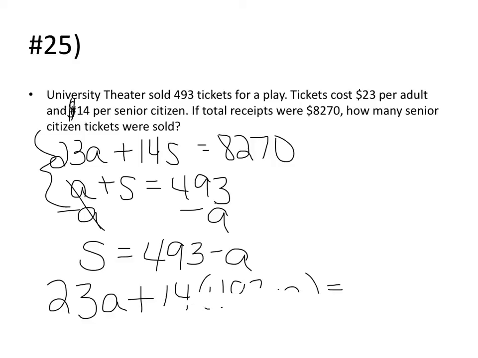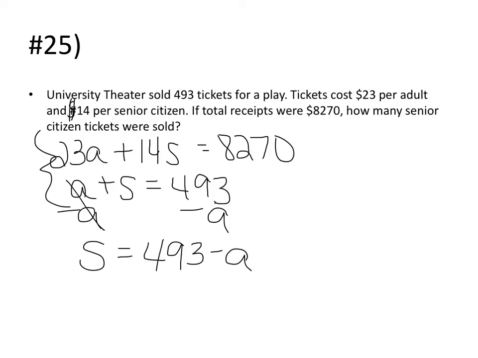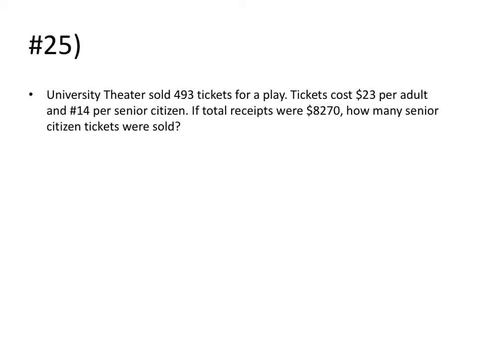Back it on up. I should solve in the beginning for A so that I get S right here. I was right the first time. Okay, let's try that again. I don't know why I erased all that.